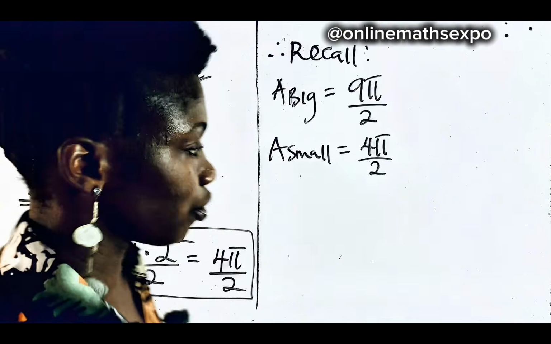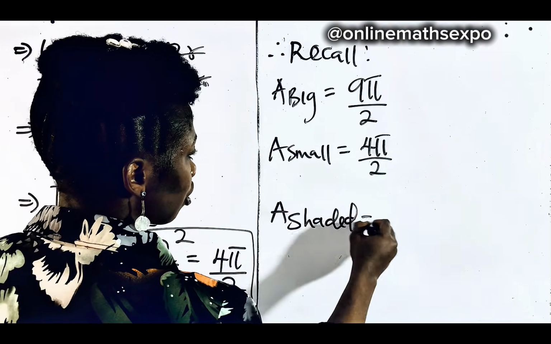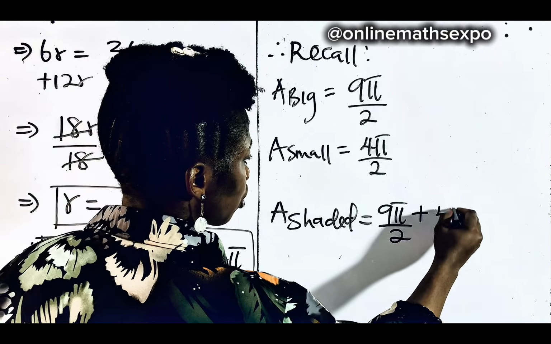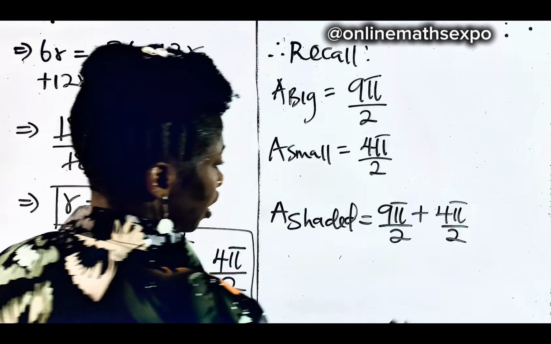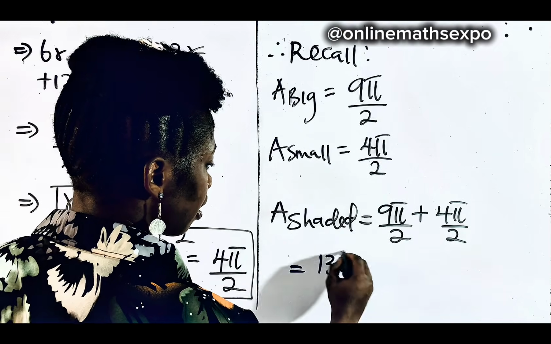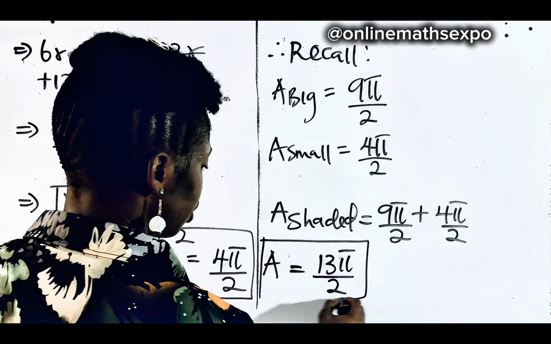Then the area of the shaded will give us 9 pi divided by 2 plus 4 pi divided by 2. So if you add this together, it gives us 13 pi divided by 2. So this gives us the area of the shaded part.